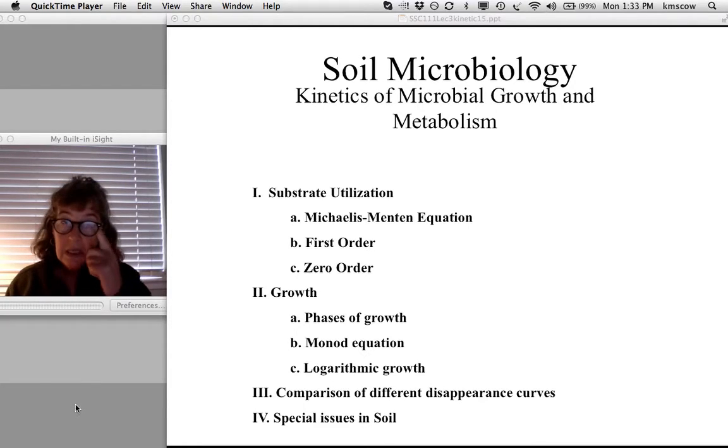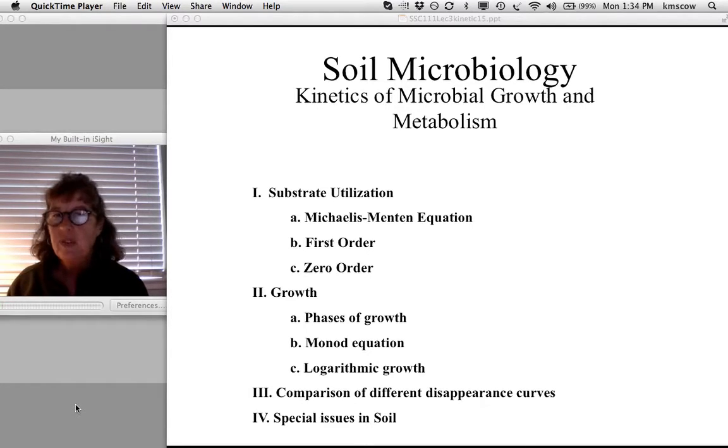Okay, so here's an outline of the lecture today. We're going to look at a little bit about kinetics of metabolism, or the use of substrates by microorganisms. They could be electron donors, acceptors, nutrients. And then we're going to talk about kinetics of growth, which is the replication of individuals.